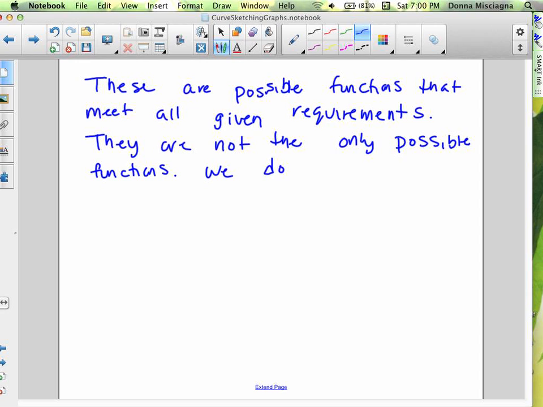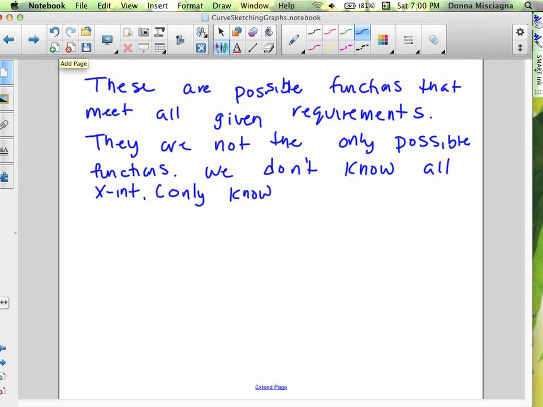We don't know the x-intercepts, or all of them, I should say, because we had one. We do have the y-intercept. As a matter of fact, we only know one point. We do know the only y-intercept.